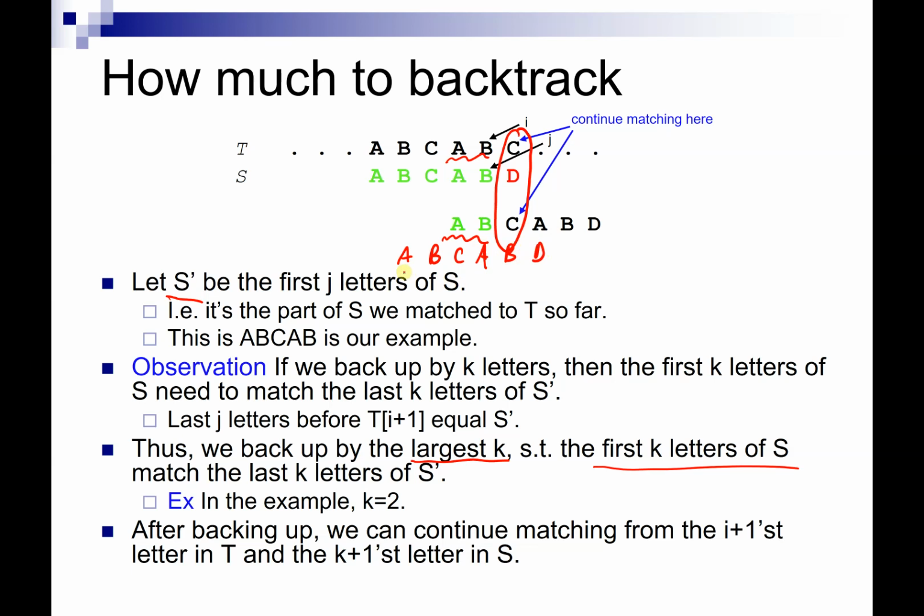In that case, these first 4 letters of S match these 4 letters of T. So you can continue matching from the 5th letter of S and the I plus first letter of T. This means that the more you back up S, the better, because then you can continue at a later letter in S. You can continue from the K plus first letter in S and the I plus first letter in T. Therefore we are searching for the largest K such that the first K letters of S match the last K letters of S prime.